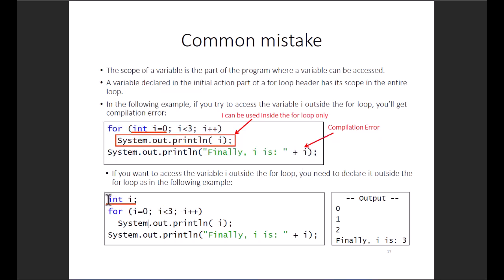However, if you declare the I outside and just initialize it, then this value of I will exist after the for loop as well. Check the output, and there are several of these exercises where you are declaring or you are adding a semicolon. These exercises are available in a separate document, and the solution is available on Moodle as well.